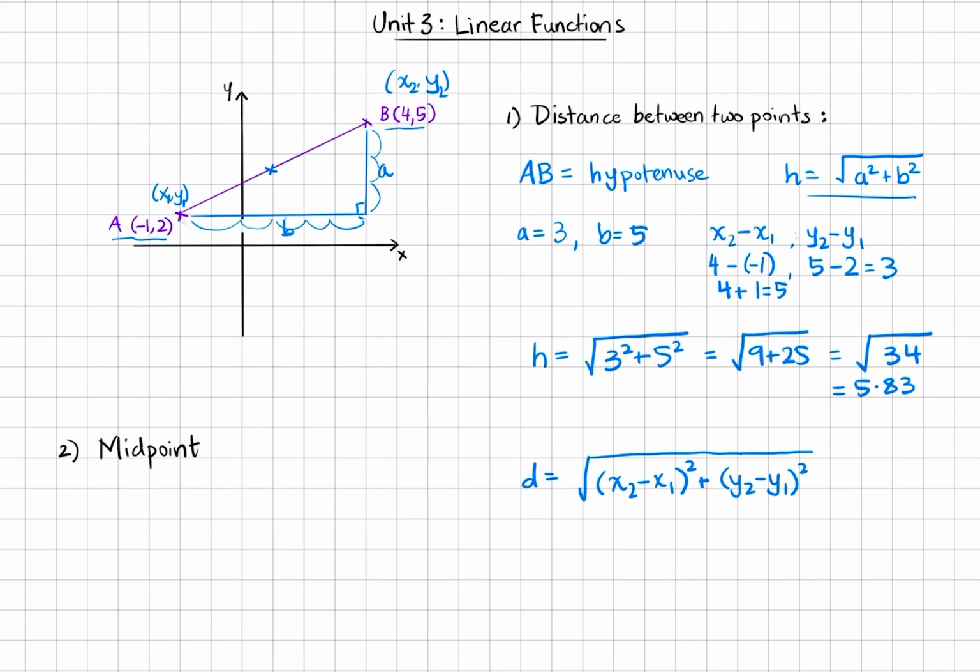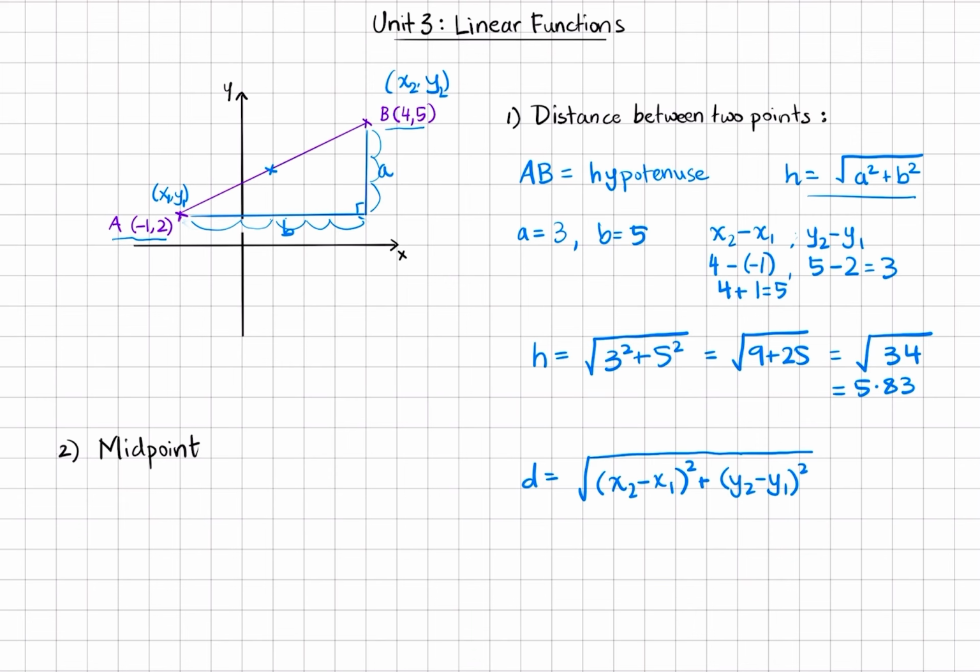Okay? Now initially, if you just want to think about it, it might not be easy to immediately know what the midpoint coordinates are. But the formula itself is very simple. Okay? So what do we do here to get the midpoint?